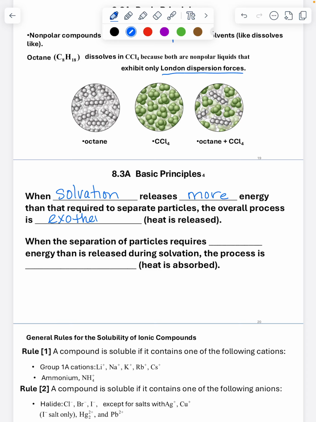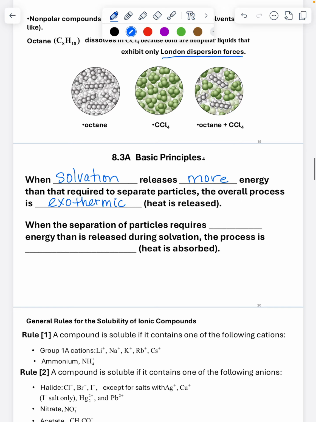When the separation of particles requires more energy than is released during solvation, then the process is endothermic. That's because heat is absorbed.